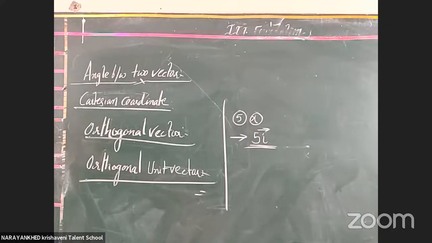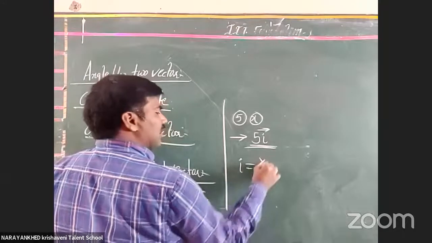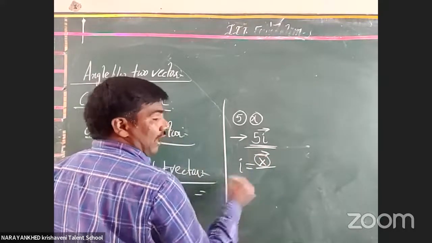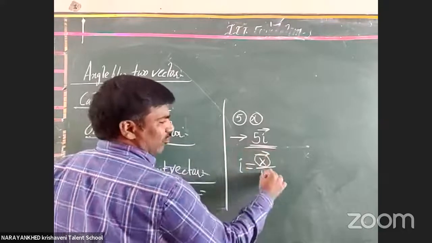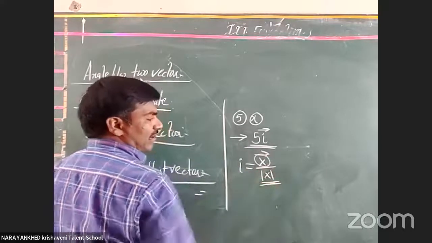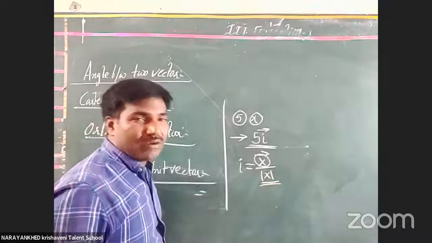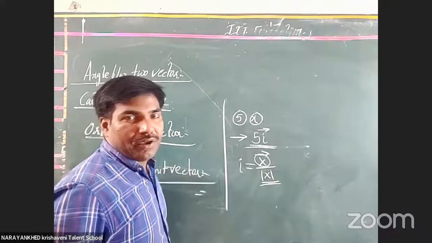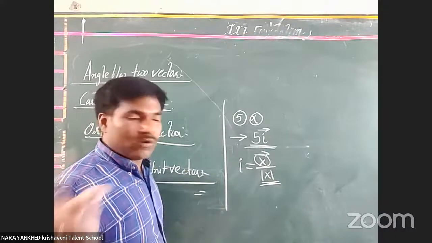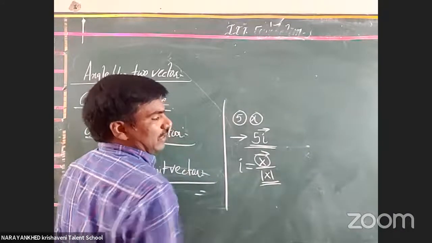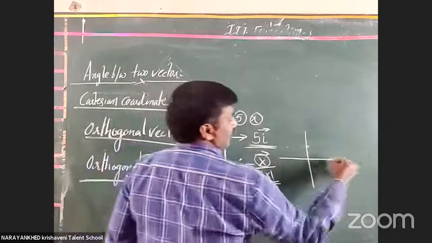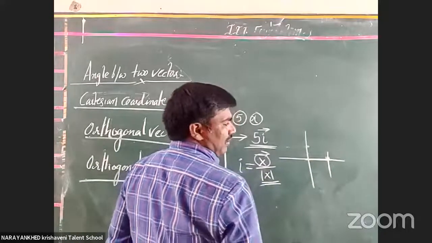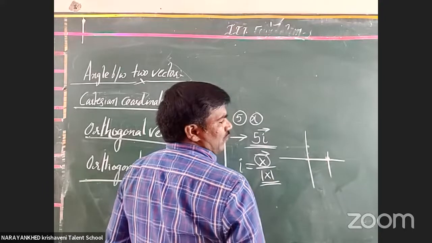Now what is i bar here? The meaning of i bar is x bar along the x-axis divided by mod x. Mod is nothing but the magnitude of the vector component along the x-axis. The coordinate component is written on the x-axis.